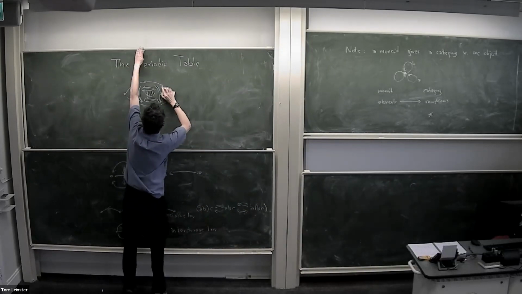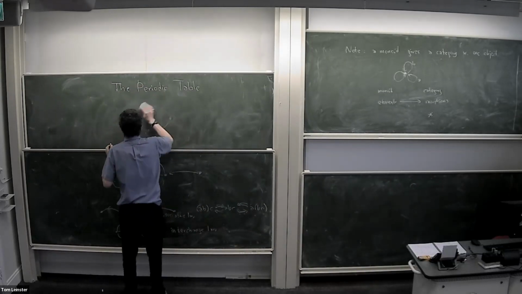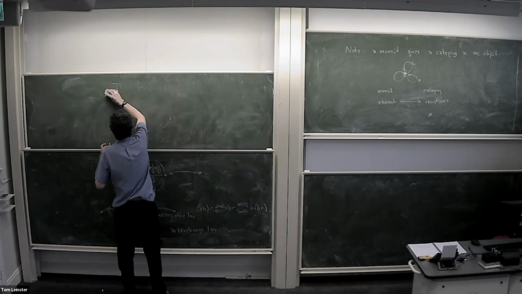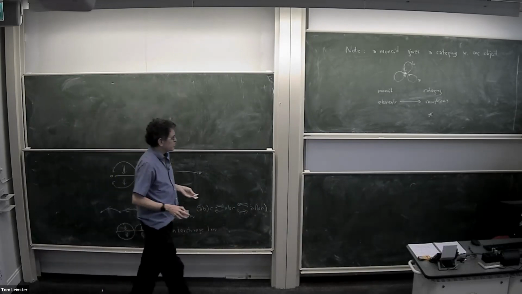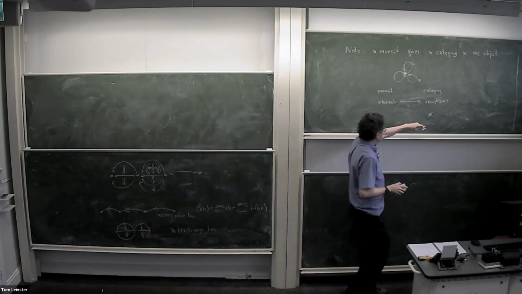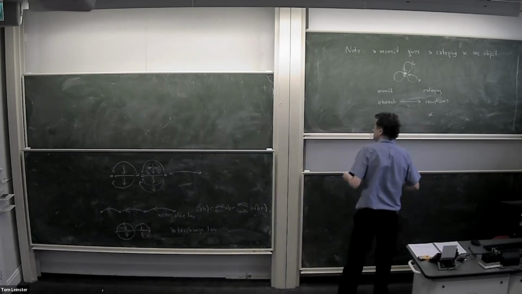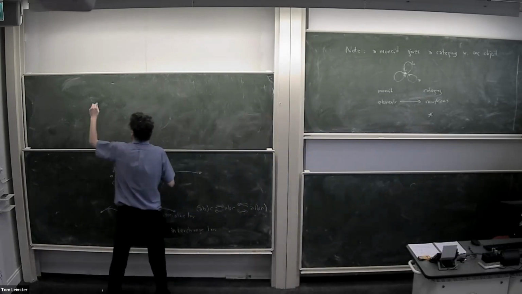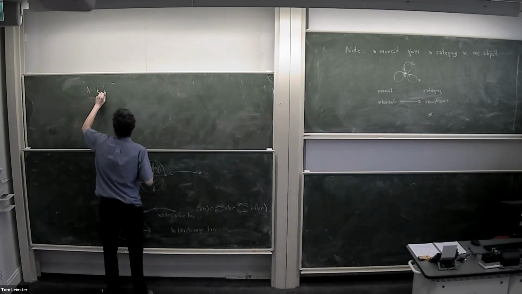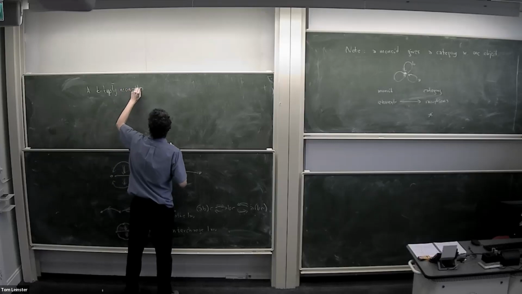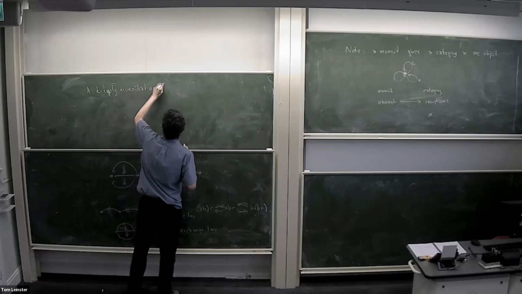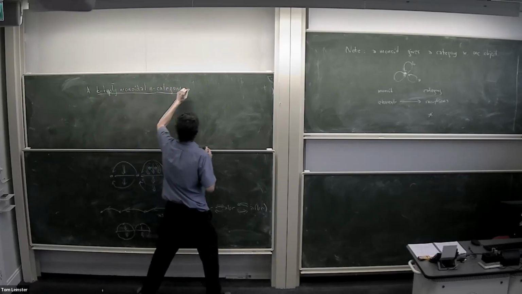So the pattern is that you can look at n-categories that are boring on a bunch of bottom levels. So we say a k-tuply monoidal n-category, what is it?